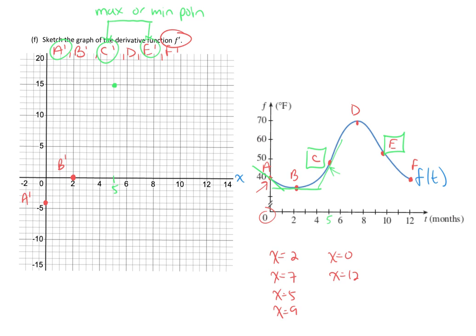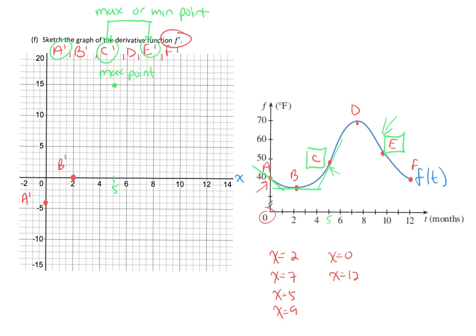Point C is an inflection point where the function is increasing the fastest, so the derivative will show point C as a maximum. Point E is an inflection point where the original function decreases the fastest, so on the derivative function, E prime is going to be a minimum point.